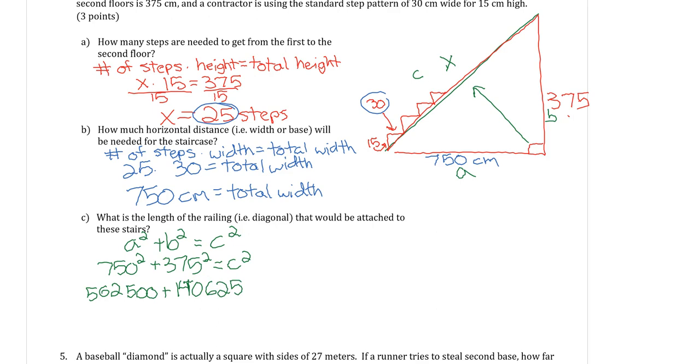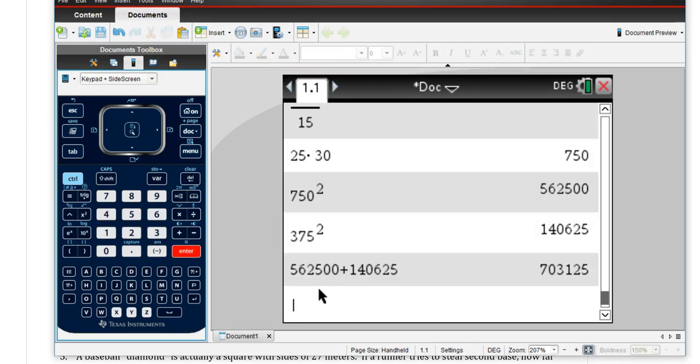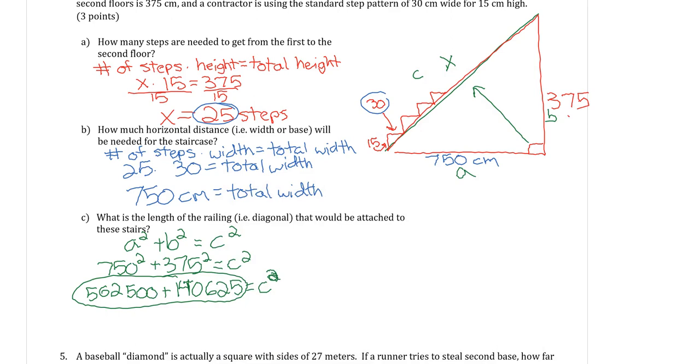There we go. Equals C squared. Okay, so again, my two numbers here are on the same side. So I'm just going to add those together. So 562,500 plus 140,625. And we get 703,125.